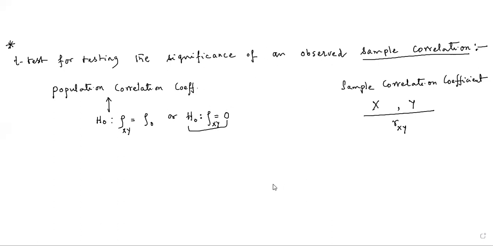I shall stick to this particular null hypothesis. So in my problems, I will assume that the population random variables are not correlated at all. We'll try to understand this particular problem on the basis of an example.